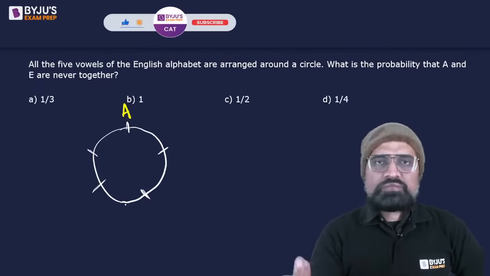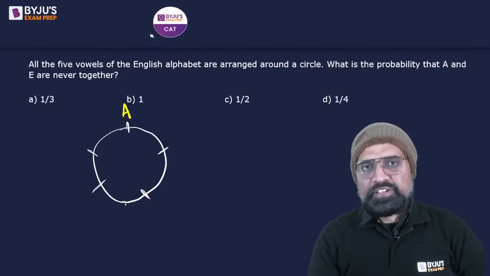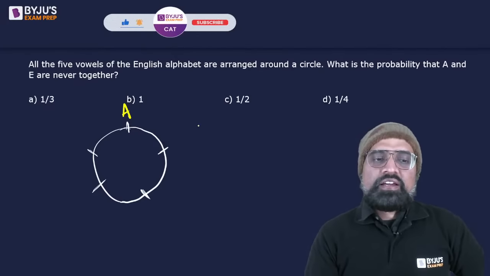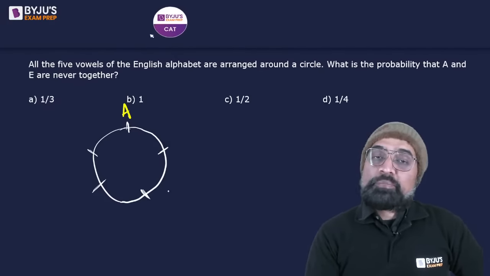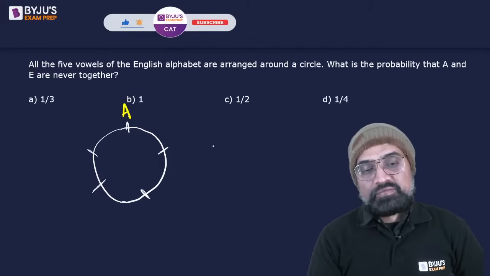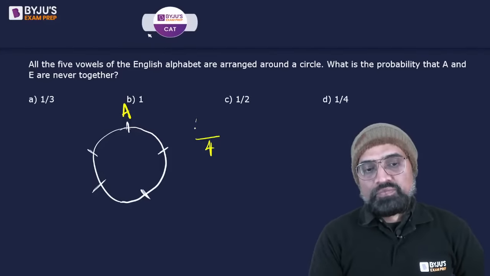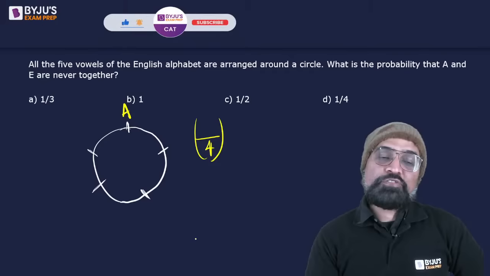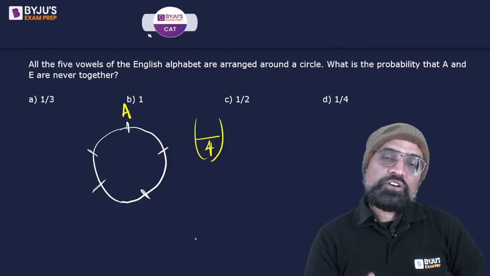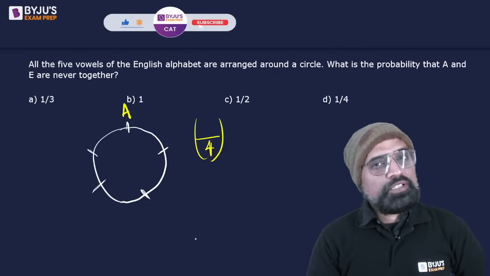A will be anywhere. A can sit anywhere, right? Okay. Now, out of the remaining 4 places, in how many places, if you put E, are A and E not together? That is what we have to do.